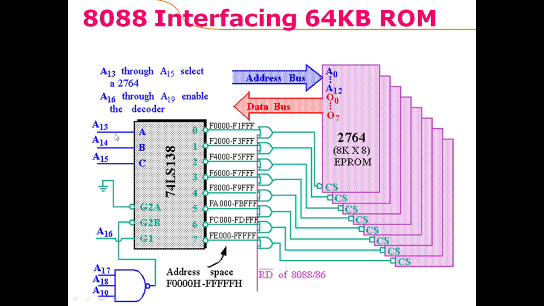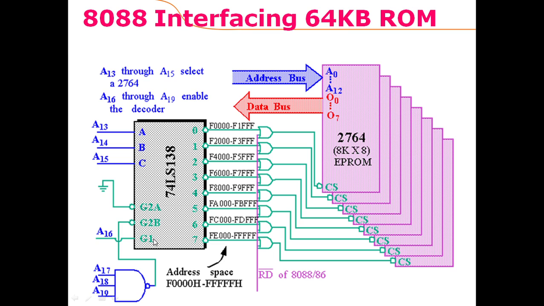Why? Because only this line is 0, while all of these lines are 1. So all of these chip select pins would get 1, and as they are low enabled, all the rest of the chips would be disabled, and only the first chip would be enabled. So the read operation would happen from the first chip only. The 13 bits would identify a location inside this chip, and from that location the 8-bit data would be read.